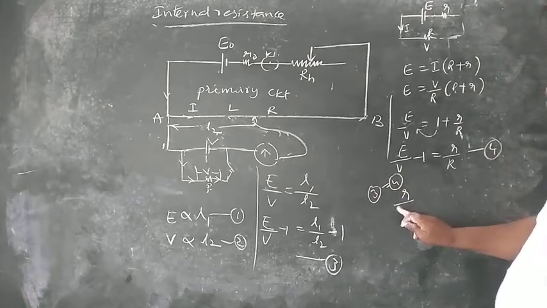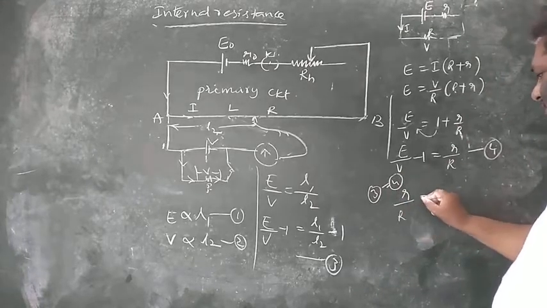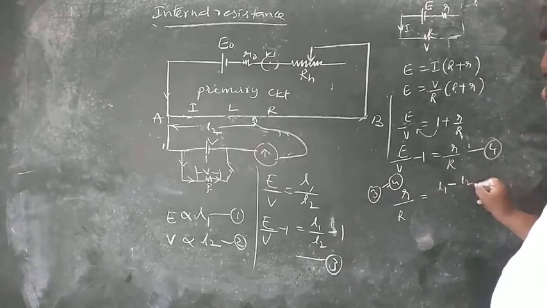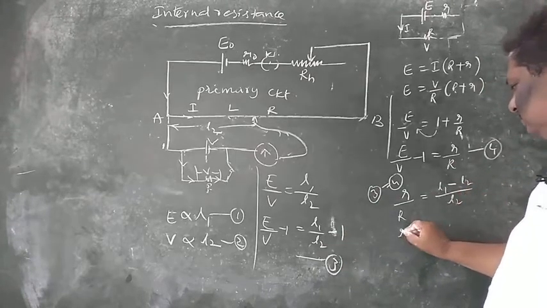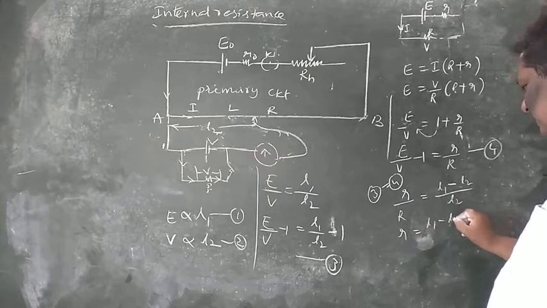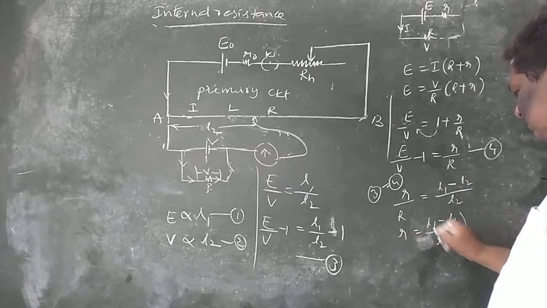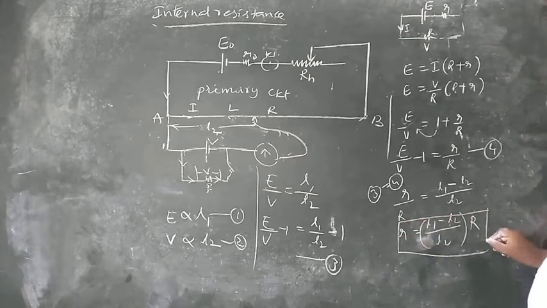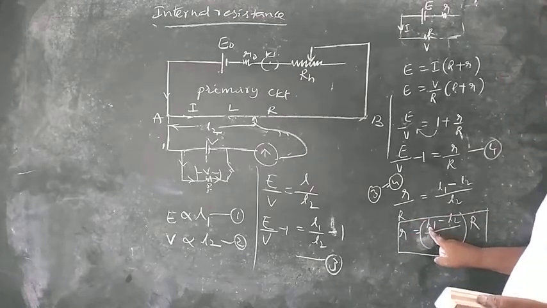Therefore, small r by capital R from equation 3 is equal to equation 4. So small r by capital R is equal to L1 by L2 minus 1. Take LCM, L1 minus L2 by L2. So small r is equal to L1 minus L2 by L2 into capital R. This is the internal resistance. What do we mean by L1?